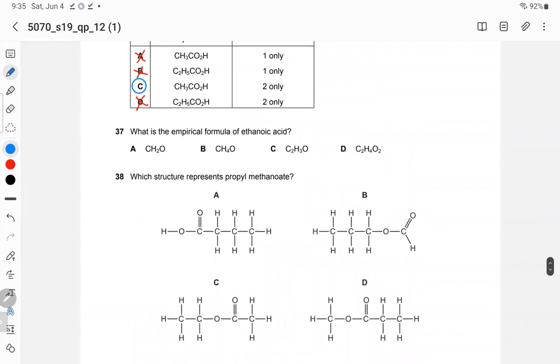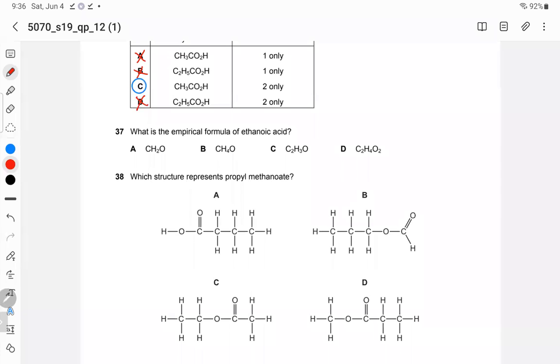Now question number 37. What is the empirical formula of ethanoic acid? A. I don't think so.